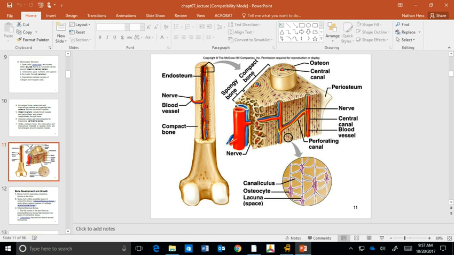It would be these areas here in the spongy bone. They don't really show it very well; they're much more focused on the compact bone. An osteon is this actual tree trunk, the circular structure.